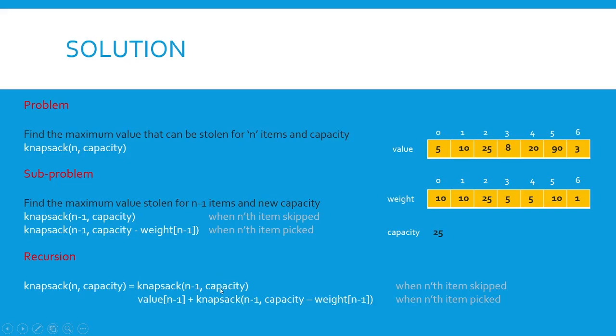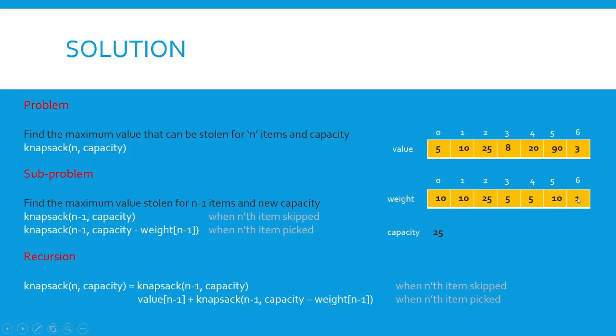But if he decides to take this particular item, what he gets as reward is the value of n minus 1. Basically this 3 is added to his value. But what is the penalty in this case? The capacity he has remaining is decremented by the weight of item 6, which is 1.